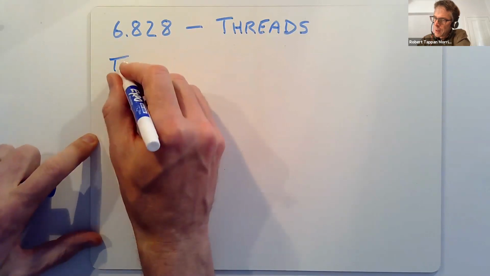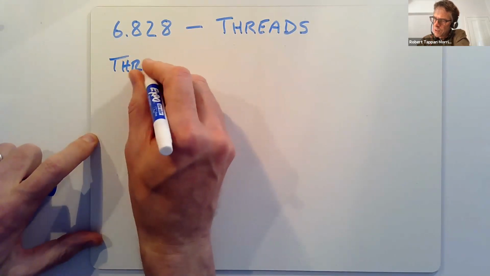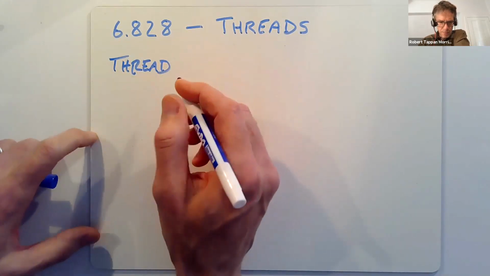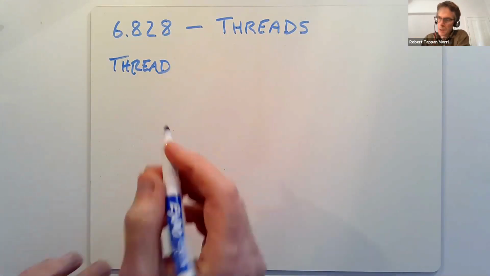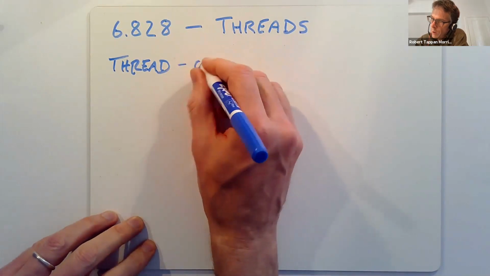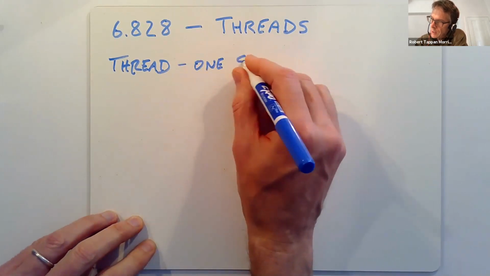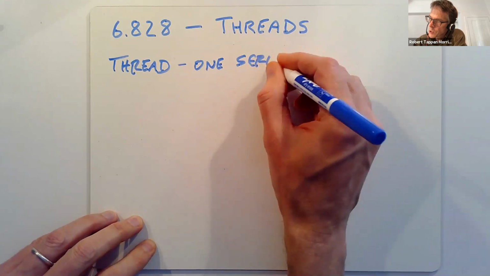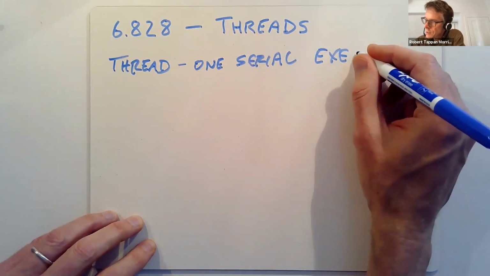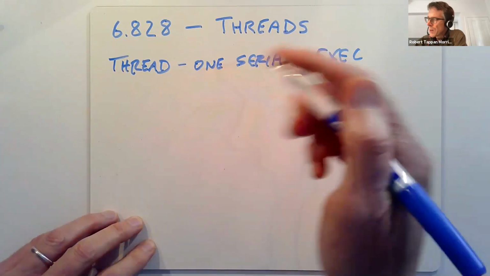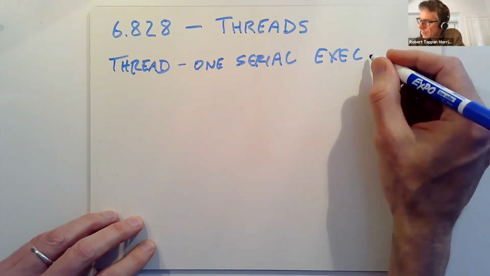And this is a loose definition because there's many different flavors of what people mean by threads, but we'll say it's one serial execution. So it's what you get if you fire up one CPU and have it just execute one instruction after another in the ordinary way.